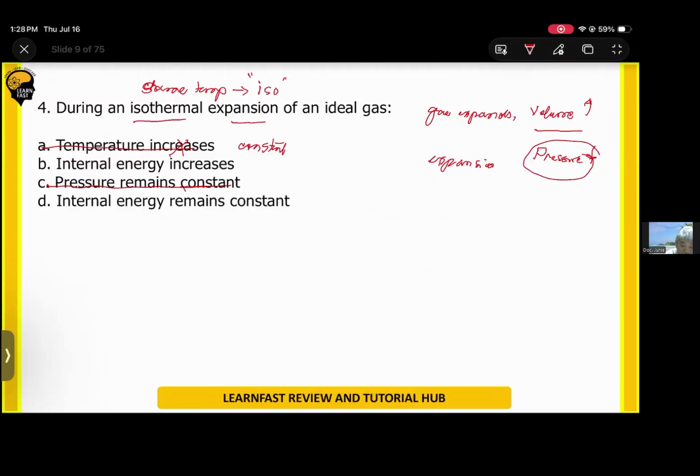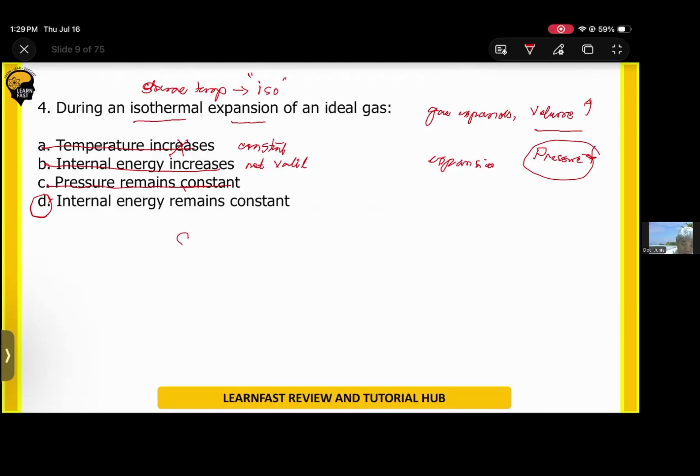So let me repeat. Since the problem stated that the temperature is constant because of isothermal expansion, the internal energy will never increase. So that is wrong. So by process of elimination, we can say D is the valid answer. It is correct because the internal energy should remain constant during isothermal expansion.